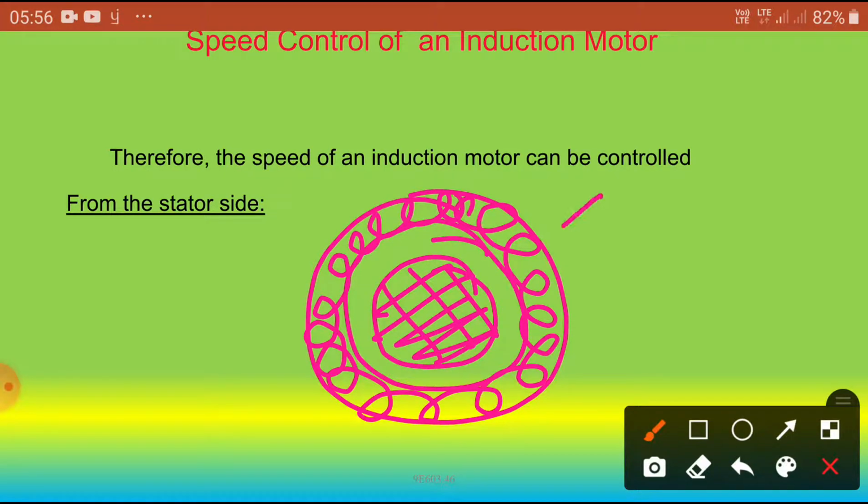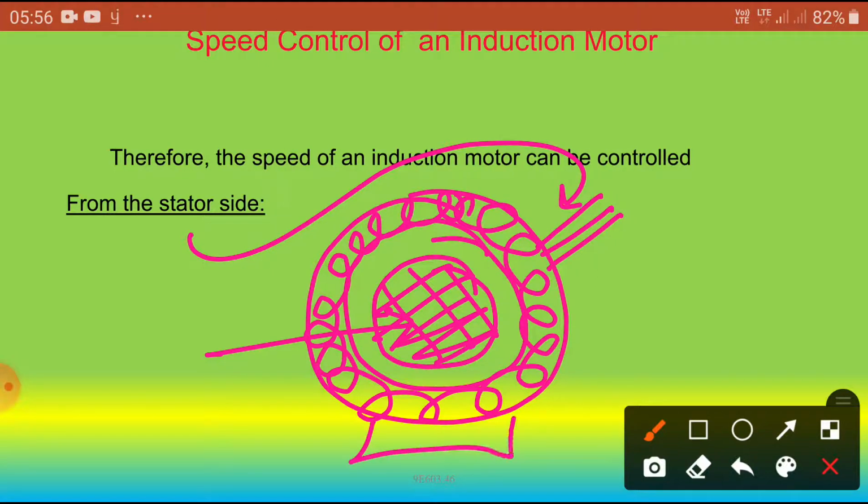So we can change the speed from the stator side by changing the voltage, changing the frequency, and changing the number of poles. At the same time, we can also change it from the rotor side. Now let us see the different methods to change the speed of our induction motor from the stator side.